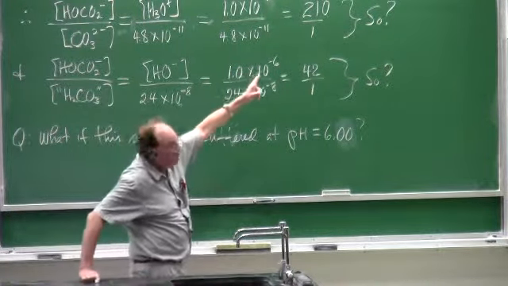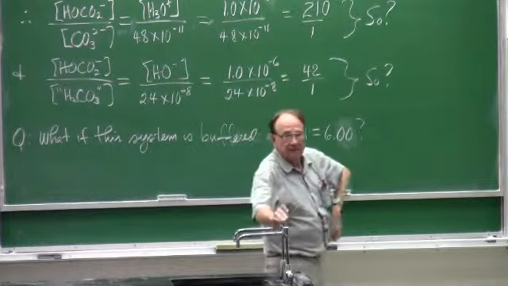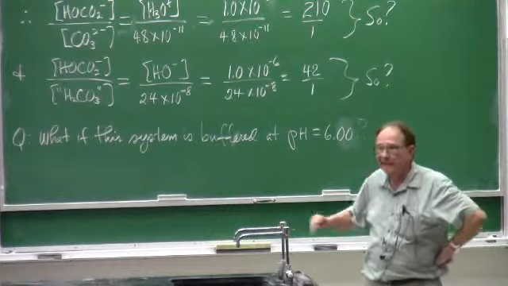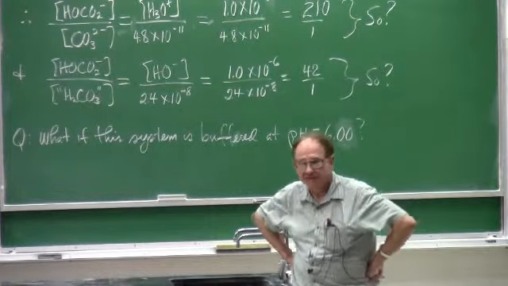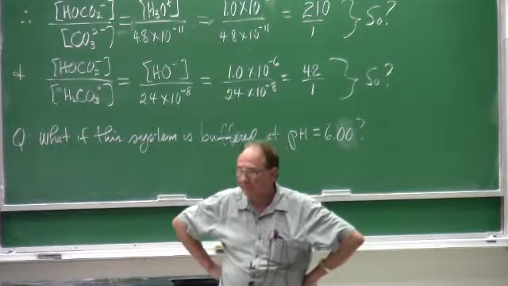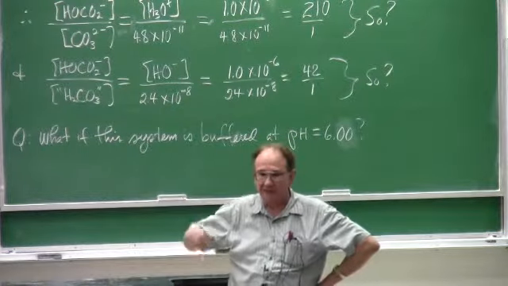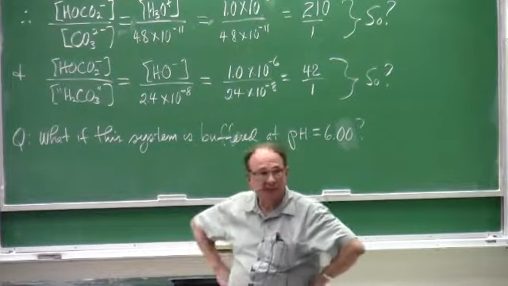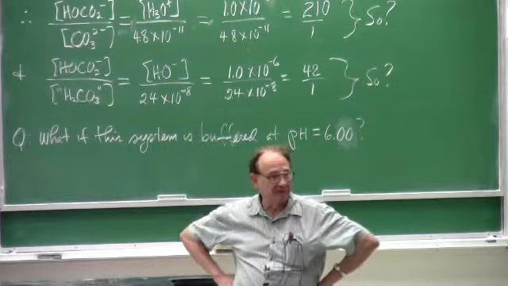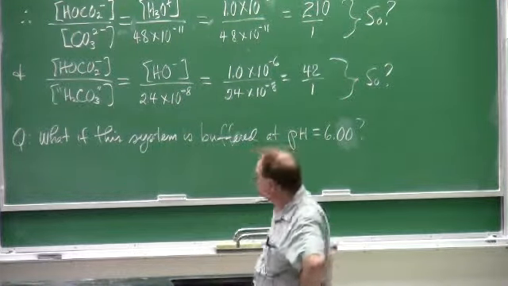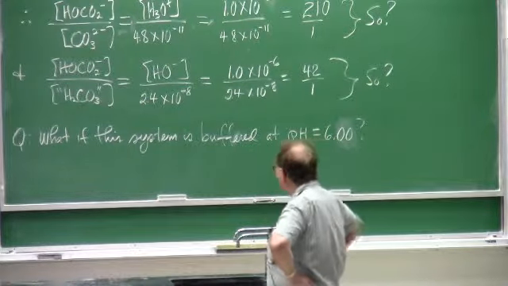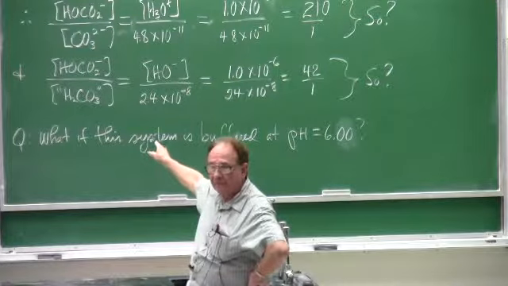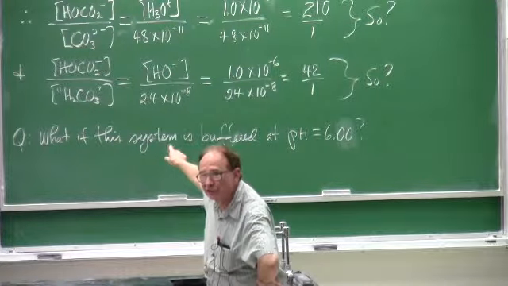This ratio means if you are able to exist as a spectator ion, and you buy a ticket to this contest, and you go jump in the beaker where this equilibrium system lives, each time you'd see a carbonate ion, 210 times you'd see a bicarb ion.